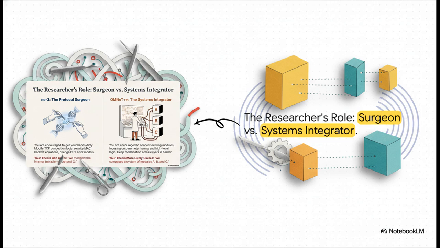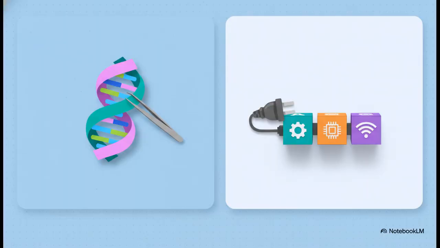Your choice here also defines the type of researcher you become for your project. Are you going to be a protocol surgeon, meticulously tweaking the very DNA of a system? Or are you going to be a systems integrator, plugging together existing black boxes to see what happens when they interact? And that role you choose leads to two very different kinds of claims in your final thesis.